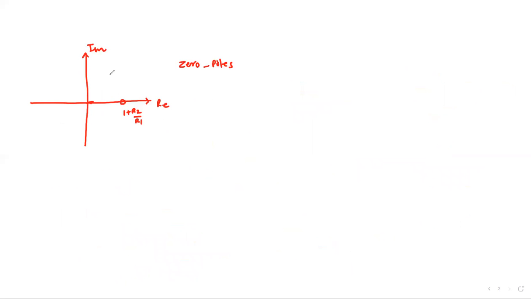And where is that pole? Pole comes out to be here. So somewhere here we have a 1, for instance, and somewhere here we have omega RC. That is a 1, right? So we see that somewhere here we have the pole. And the angle would be given by this one. So we'll see how much is the angle there.